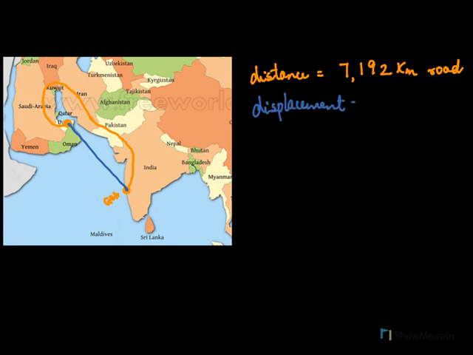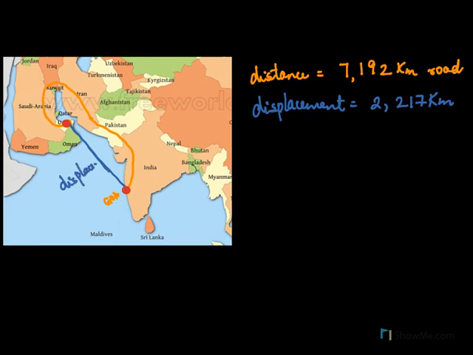It is the shortest distance, which is about 2,217 kilometers. The initial position is Goa. The final position is Dubai. So the blue one is the displacement here. This is displacement.